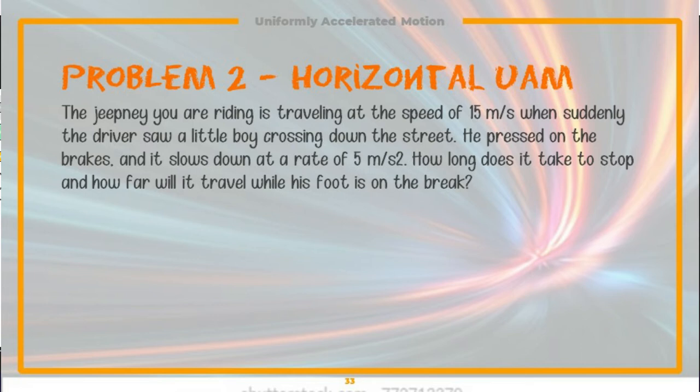So, let's have G. That will be VI is equal to 15 meters per second. Our acceleration will still be negative 5 meters per square second. And pwede natin gamitin yung time na nakuha natin kanina and yung VF will be 0 meters per second.